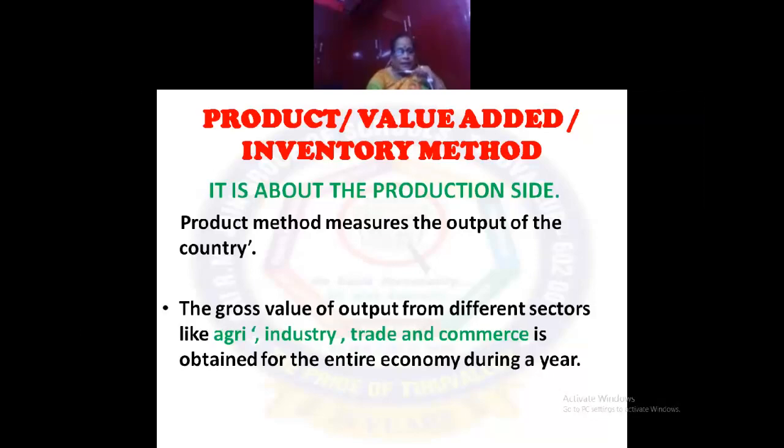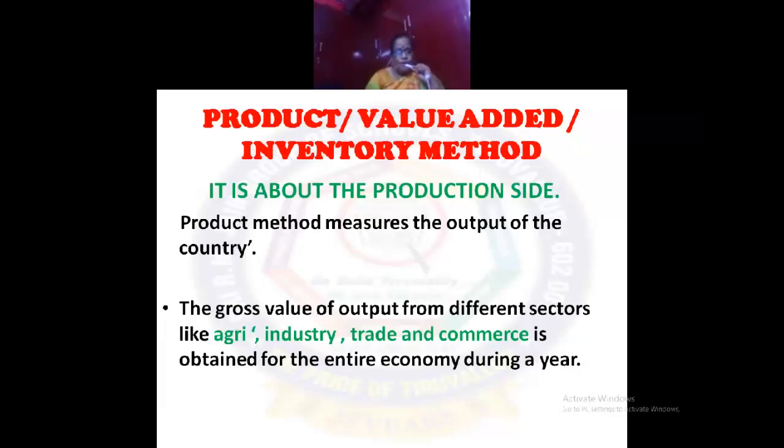Similarly, the gross values of the output of animal husbandry, forestry, fishery, mining, and factory establishments are obtained by multiplying these estimates of total population with market prices.